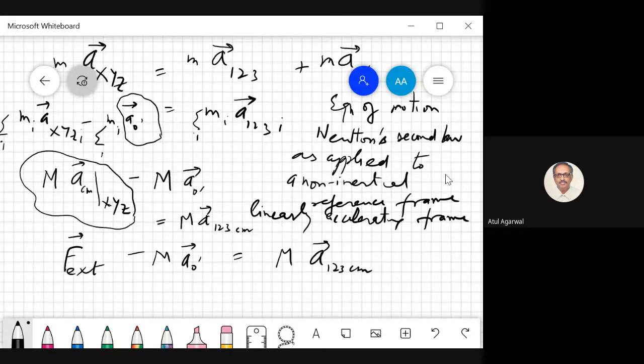So you see, you had to add an inertial force. This is known as inertial force, to the net external force. Then you can find the acceleration of the center of mass with respect to that 1, 2, 3 system.